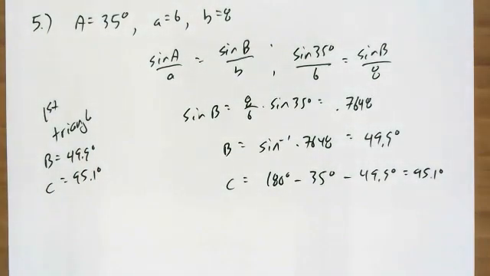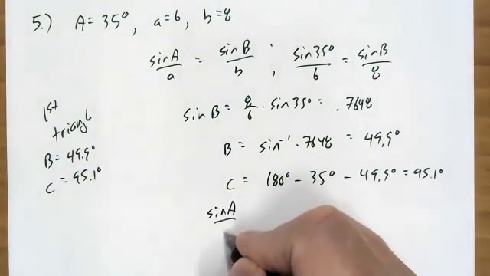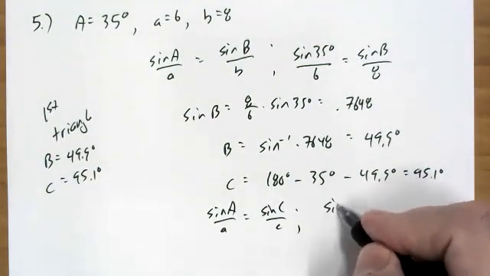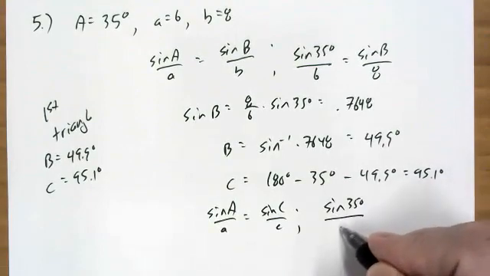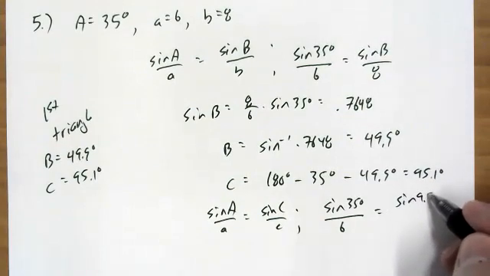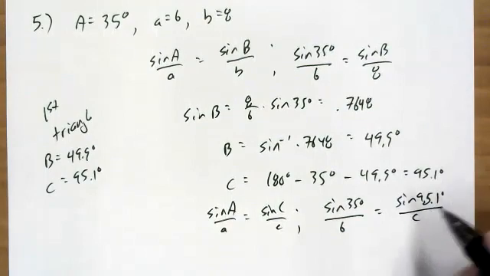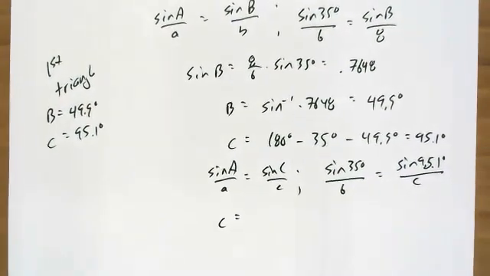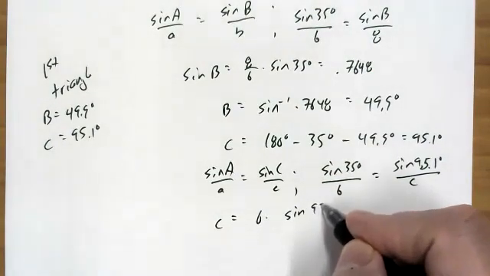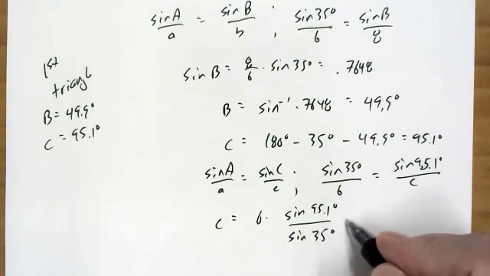The only thing left is to find side C. So I'll just say sine of A over A, sine of C over C. So the sine of 35 degrees over 6, the sine of 95.1 degrees over C. So C equals 6 times sine of 95.1 degrees over sine of 35 degrees.